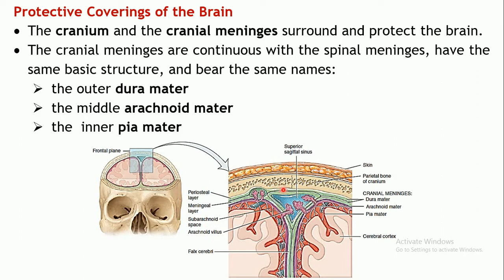That's the one. As you can see, this is the skin, and beneath that lies the cranium. That's a parietal bone. You must have studied about the skull, right, in detail. So that's the cranium, which is providing the bony case within which lies the brain.